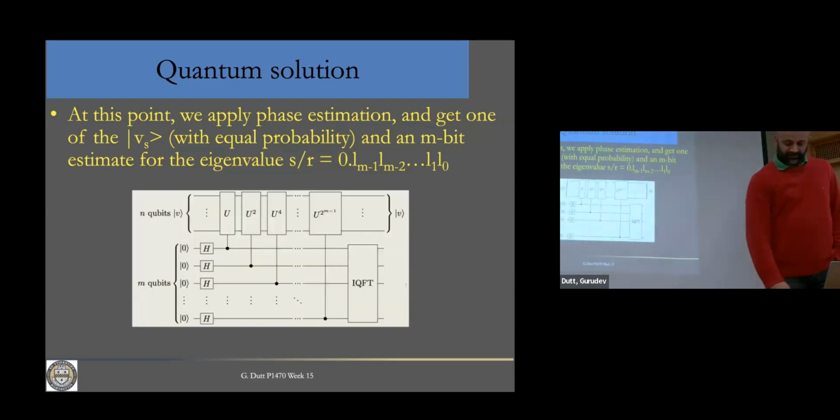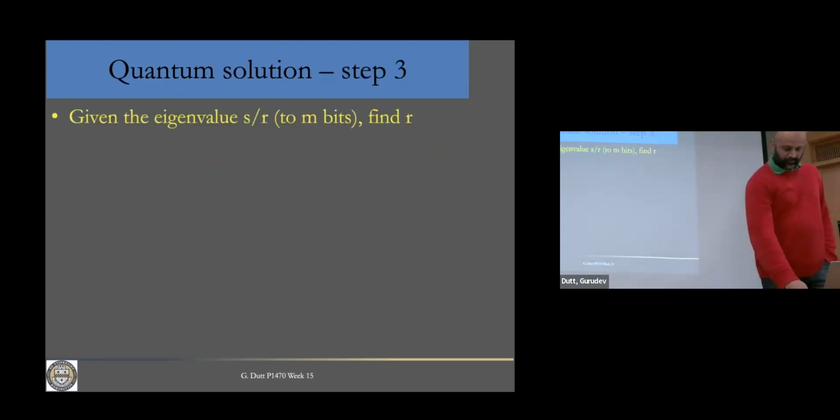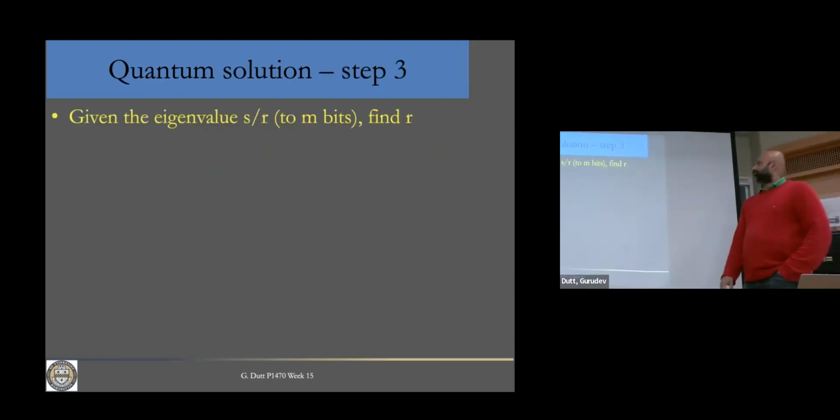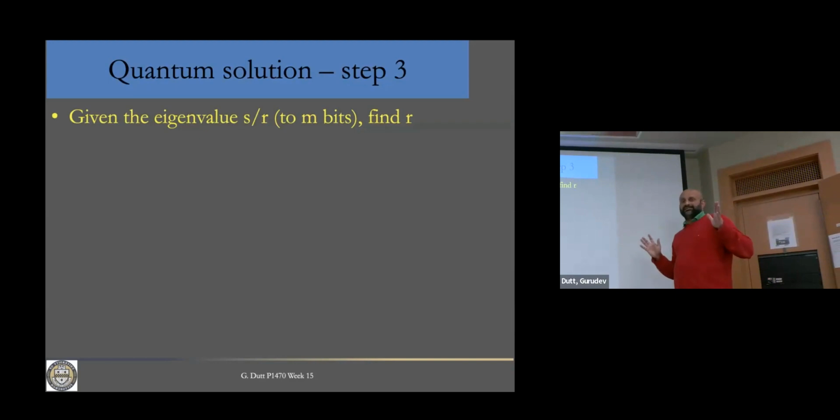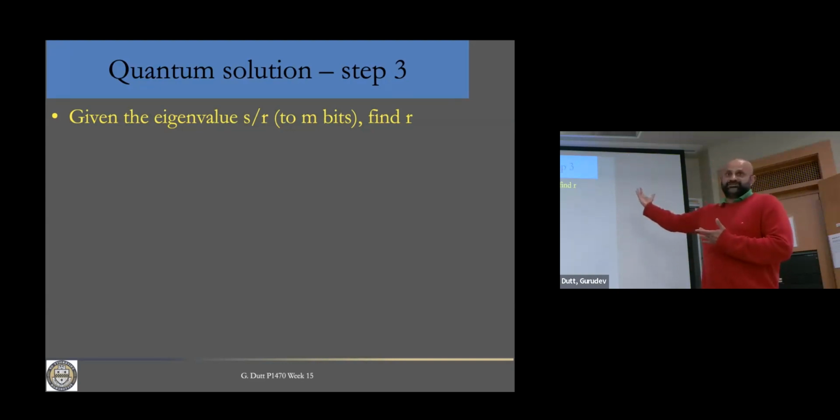That's what I get at the end. But just remember that there's a probability I may not get the right answer, so to speak. At any given step, I'm going to get one of the eigenvalues after measurement.